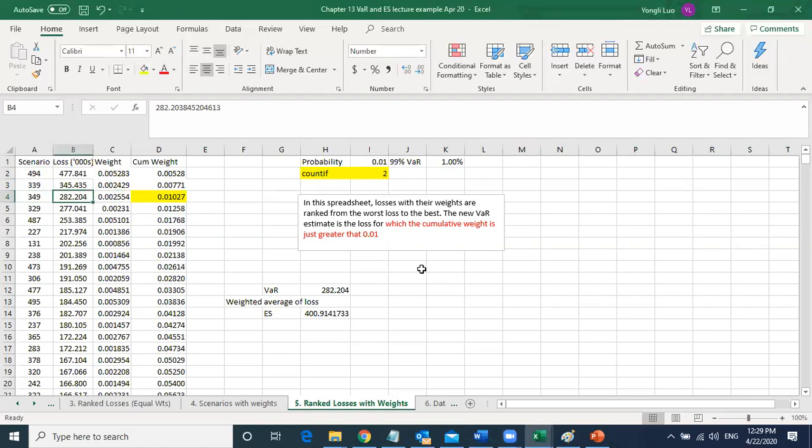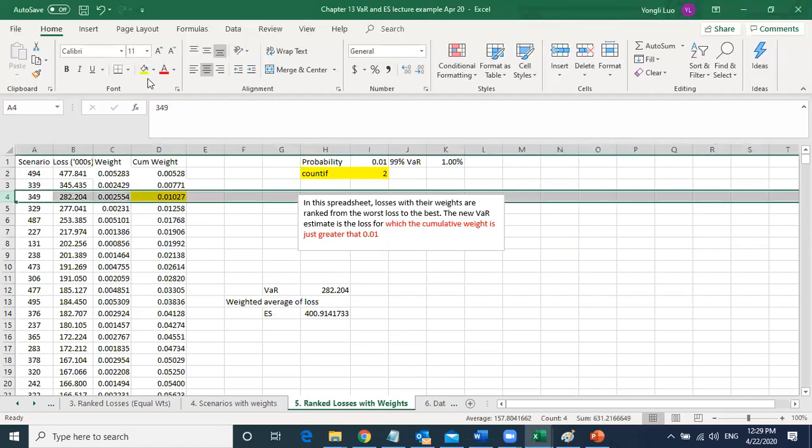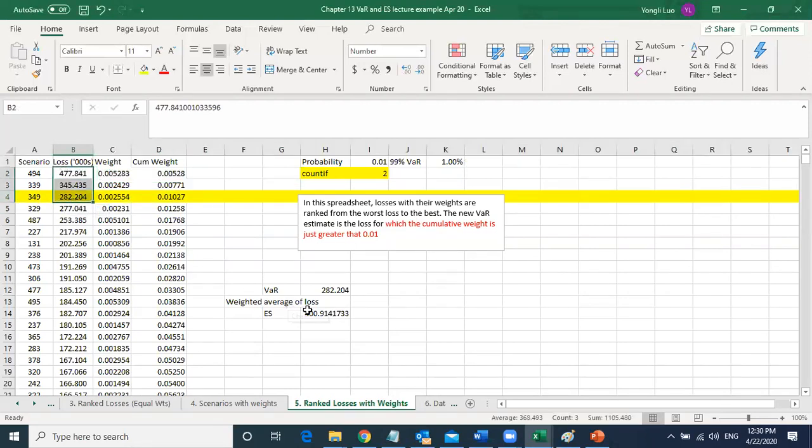282. And the weighted average losses. So you can see you have this one until this line. It's going to be the average of this, but it's not going to be the simple average. What we do is that the weight for this one is going to be B2 times C2.